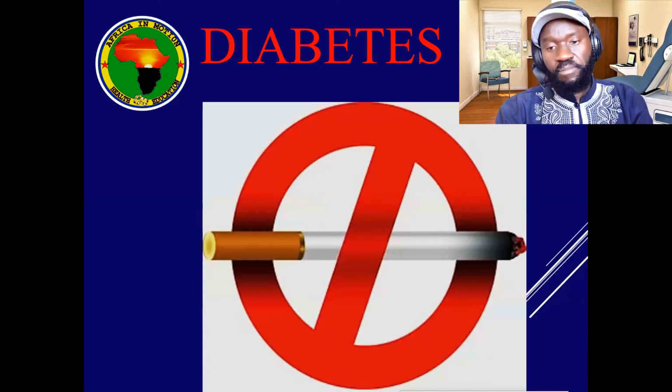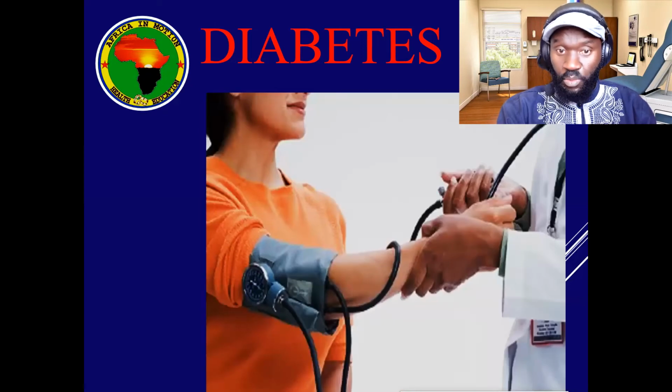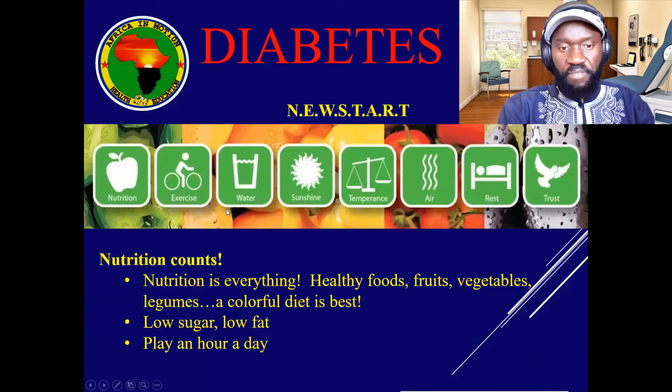Cigarette smoking is not part of the plan we should have. Cigarettes should be stopped if possible, and it should be possible. We should monitor our blood pressure so that the blood sugar and the diabetes are well controlled. It's a package. There is very good advice that you can find.